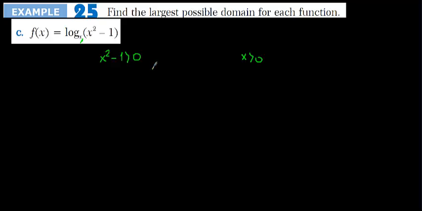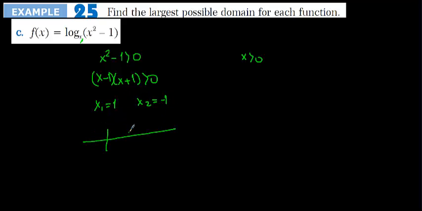X squared minus 1 must be greater than 0. Then here we are going to factorize: (x minus 1)(x plus 1) is going to be greater than 0. X1 is equal to 1, x2 is equal to minus 1. We are going to make the table. Minus 1, the sign is plus, so it's going to be plus, minus, then plus.